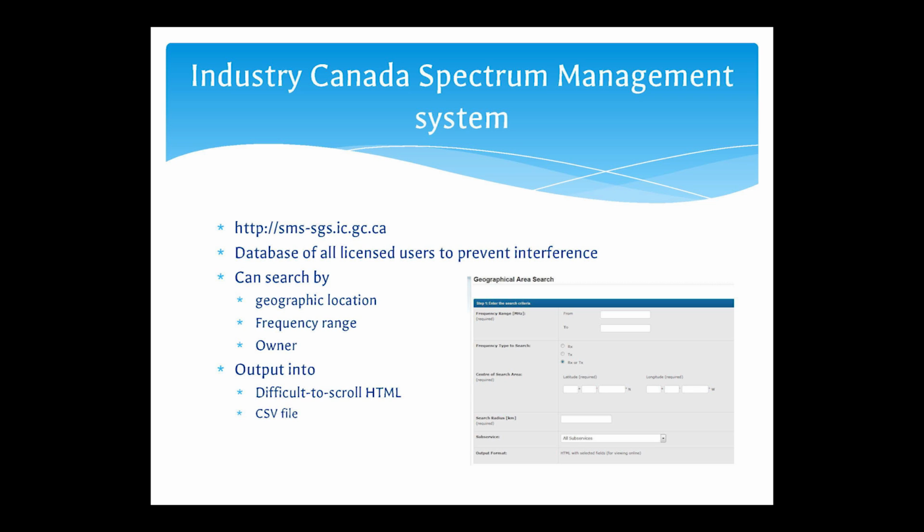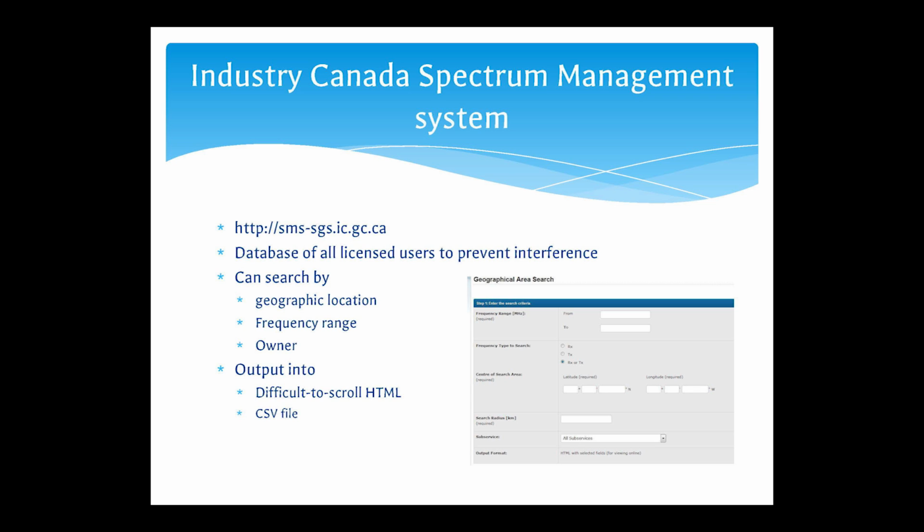That database is accessible at smssgs.ic.gc.ca. You can do searches in there by geographic location, frequency range, or owner, and get results in either annoying to use HTML or a CSV file, which can be processed later.